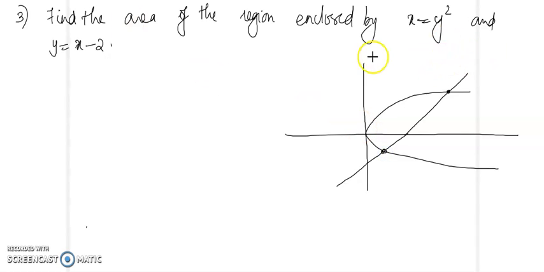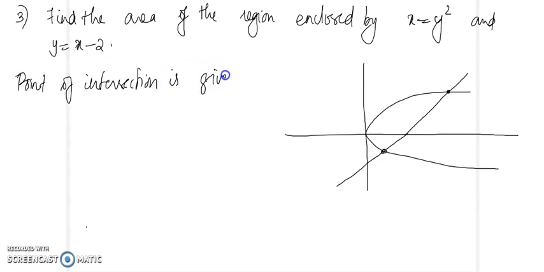So for finding the point of intersection, take the intersection of these two curves, and substitute either x or y.